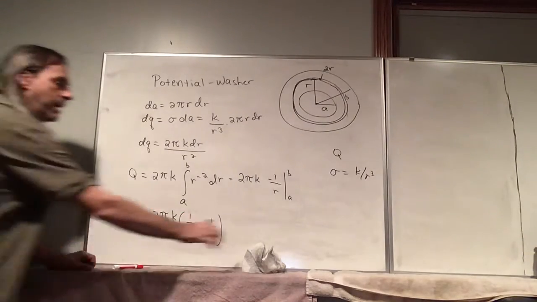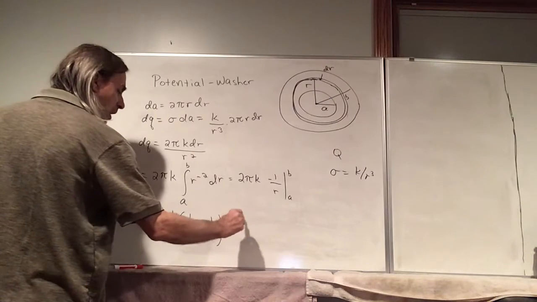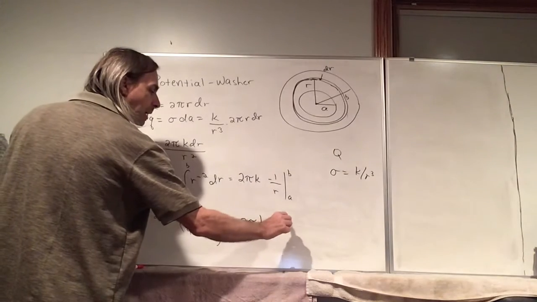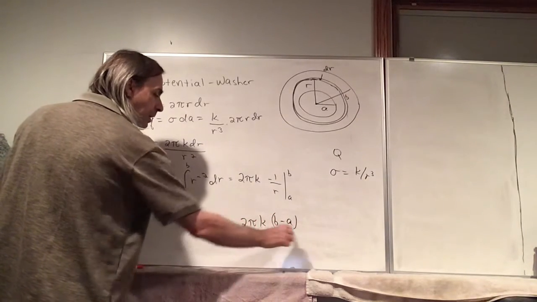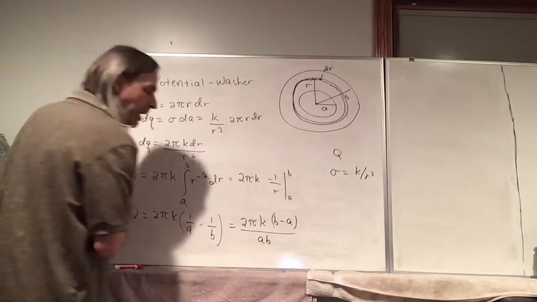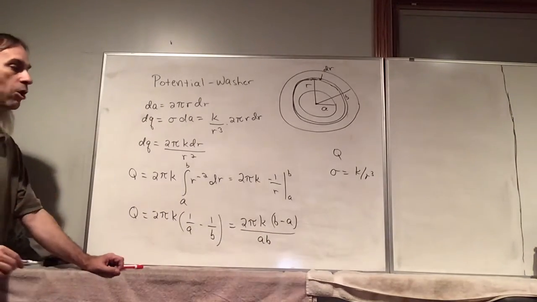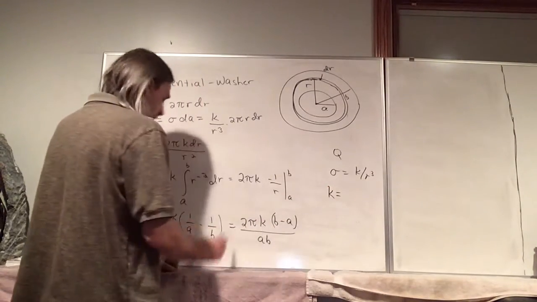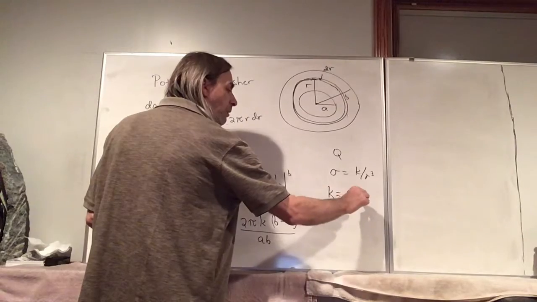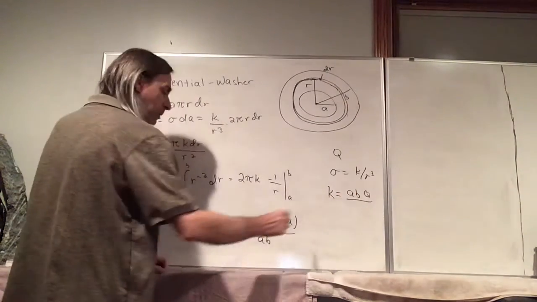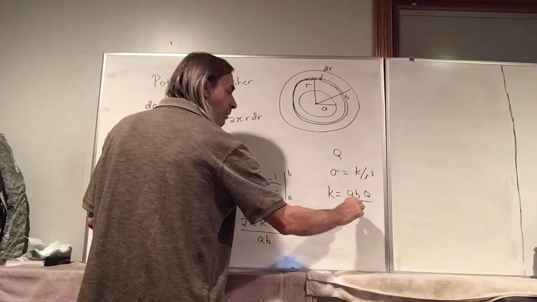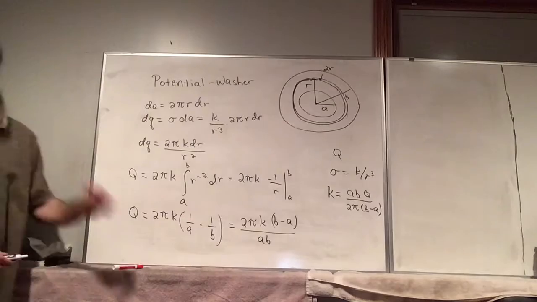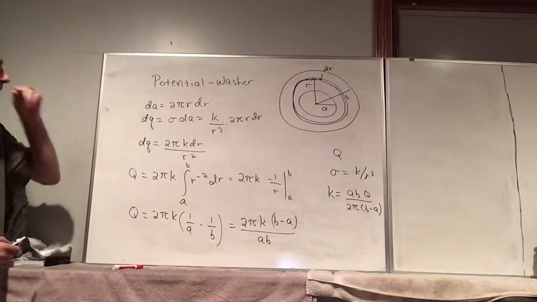And so let's actually combine this fraction. We have 2 pi k times b minus a divided by ab. And so now we can solve for k. So k would be ab times Q divided by 2 pi (b minus a).